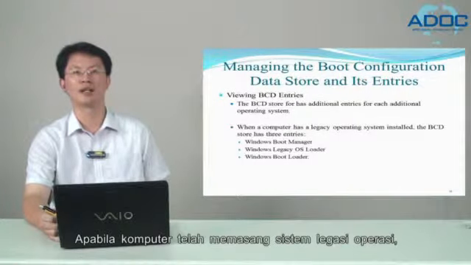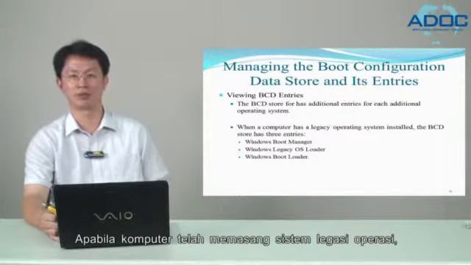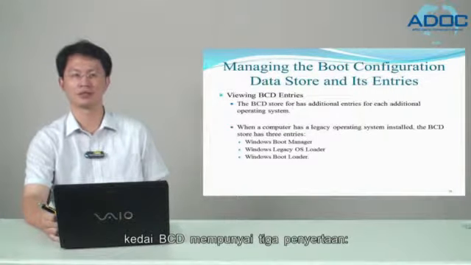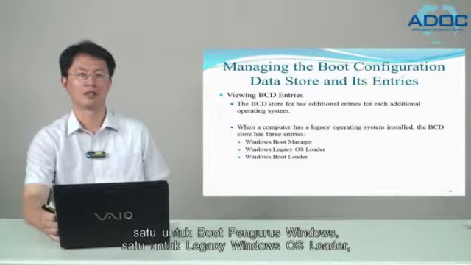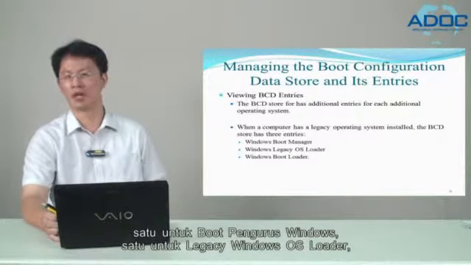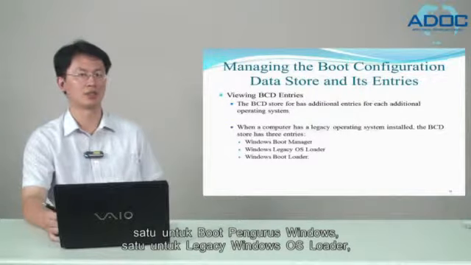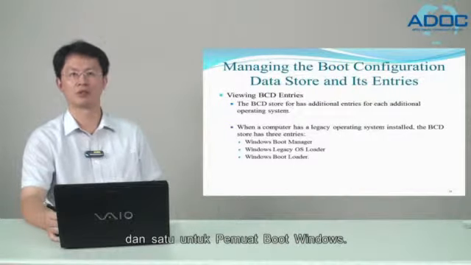When the computer has a legacy operating system installed, the BCD store has three entries: one for the Windows boot manager, one for the Windows legacy OS loader, and one for the Windows bootloader.